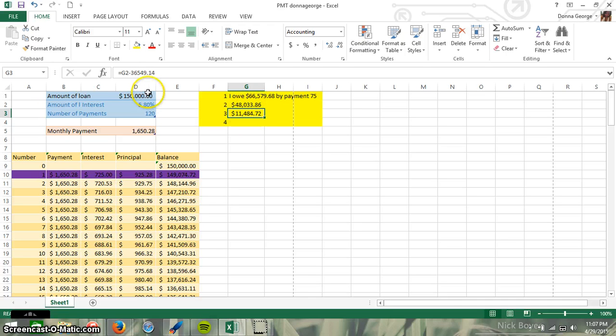So I just put in this formula: G2 minus $36,549.14, and I would have saved $11,484.72. And yeah, I think that's it.